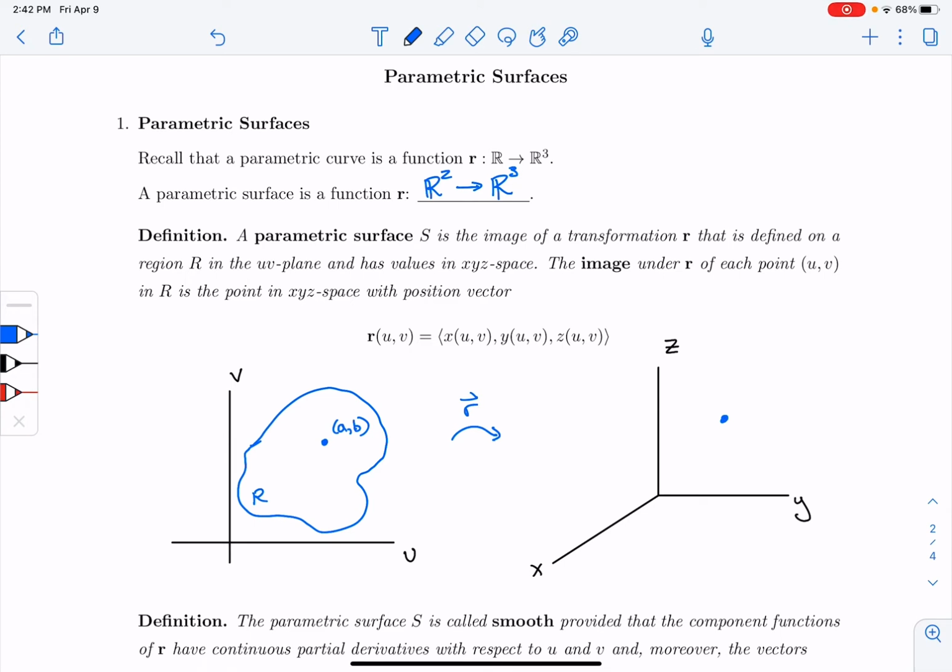So you can imagine that every point in my region R is going to map to a point in 3-dimensional space.